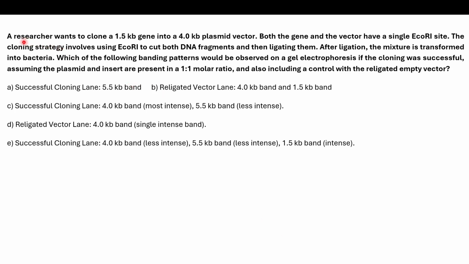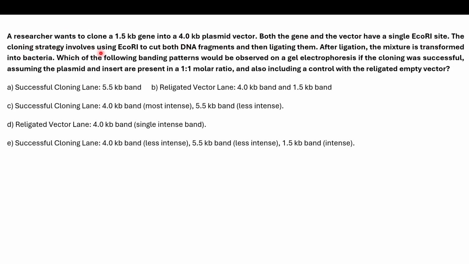Now, a researcher wants to clone a 1.5 kb gene into a 4 kb plasmid vector. So the gene of interest is 1.5 kb long, and the carrier plasmid is 4 kb long. Both the gene and the vector have a single EcoRI site.